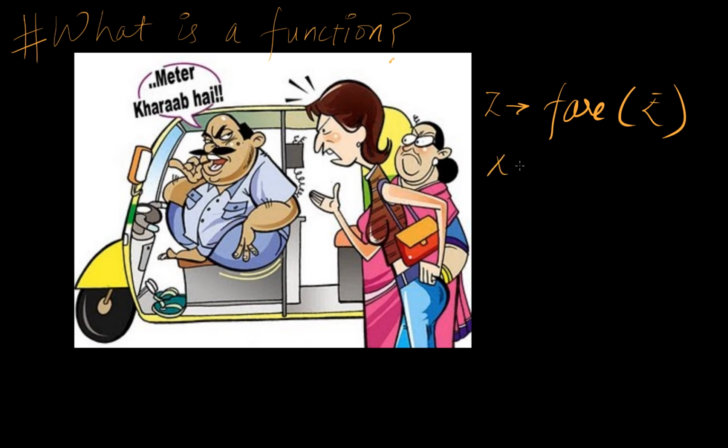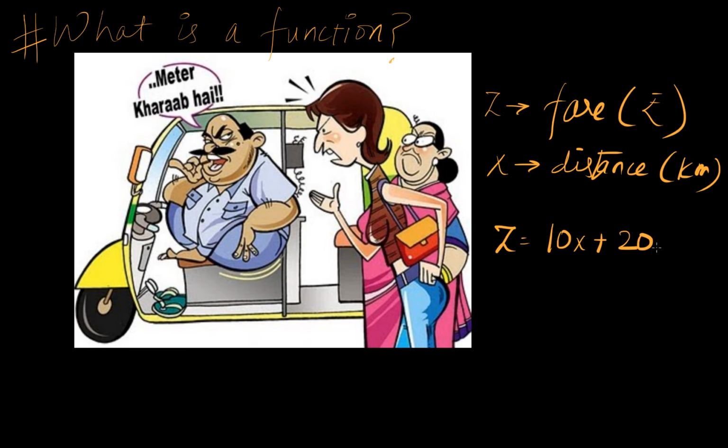So let's assume that this X is the distance in kilometers. So if we try to figure out the relationship between Z and X, or how Z depends upon X, we can write Z is equal to 10X plus 20.